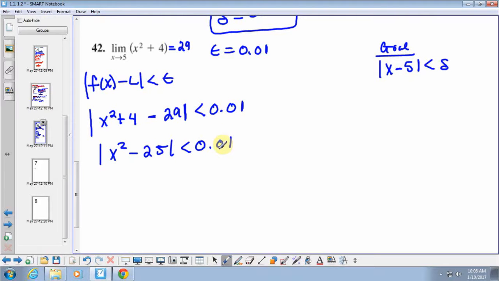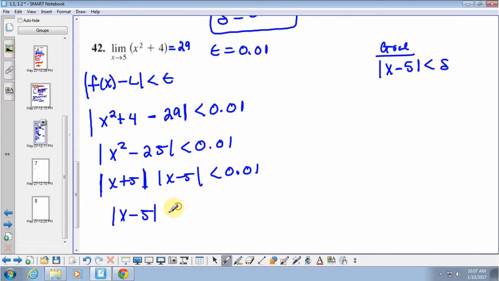And y'all, I can factor this to be x plus 5 times what? x minus 5. And I can put those in their own individual absolute value symbols. So I do get the absolute value of x minus 5 being less than 0.01 divided by the absolute value of x plus 5.